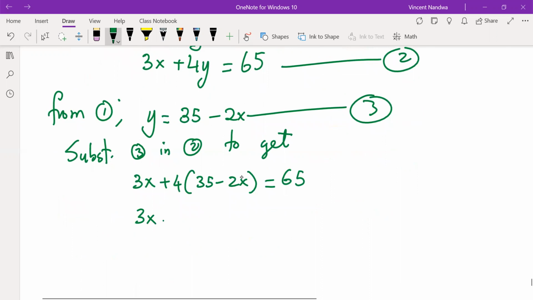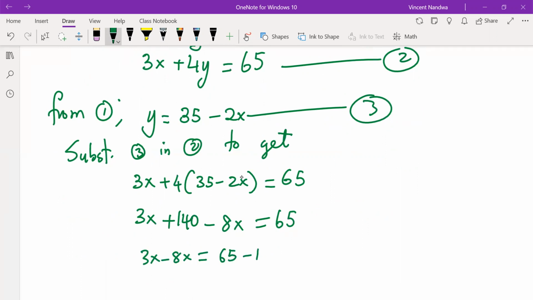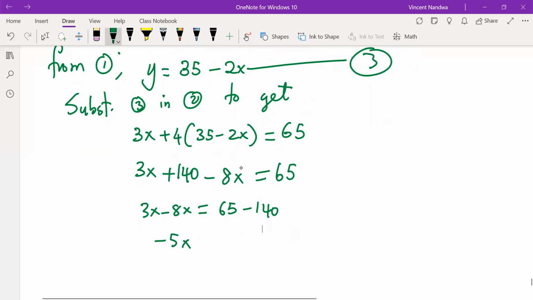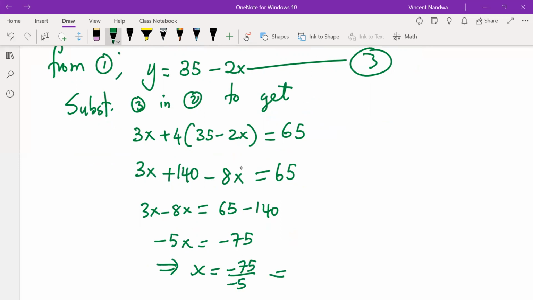So 3X plus 4 times 35, you get 140, minus 8X equals to 65. 3X minus 8X should give us 65 minus 140. I'm collecting like terms. So minus 5X equals to 65 minus 140, which is minus 75. So X equals to minus 75 over minus 5, which is 15.